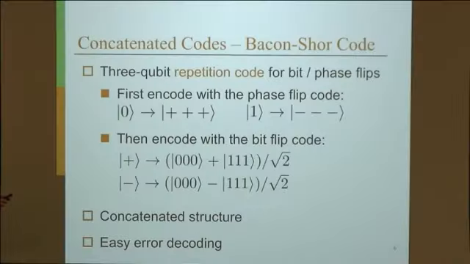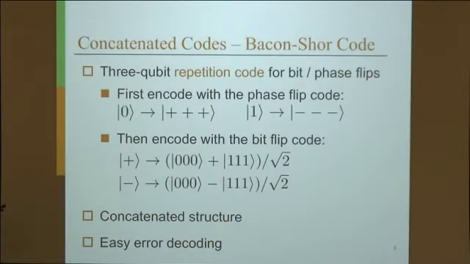So to encode a logical state 0 in the Bacon-Shor code, we need to also protect against the phase flip, not only bit flip, but also phase flip. So to encode 0, we use the 3 plus states, and to encode 1, we use 3 minus states initially. And then to protect these pluses and minuses against bit flips, we use the repetition code. So 0 would become 000, and 1 would become 111.